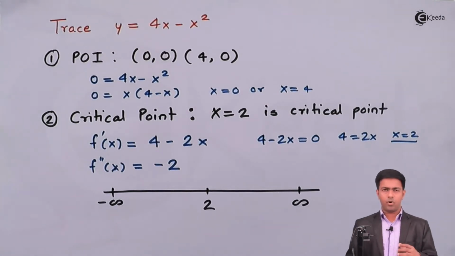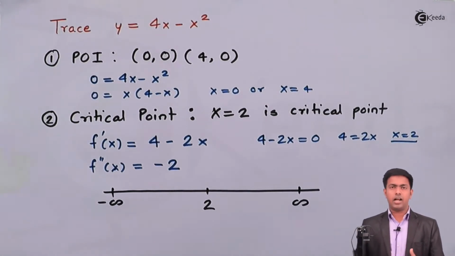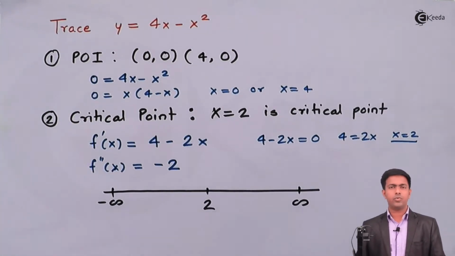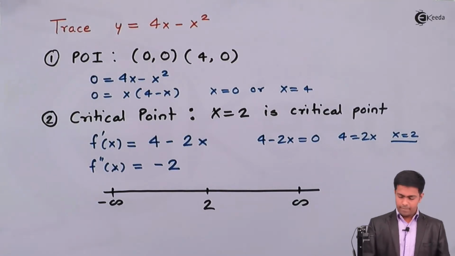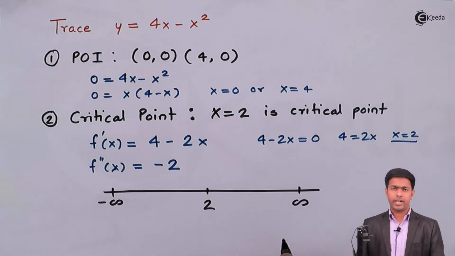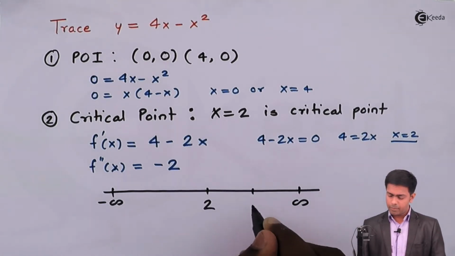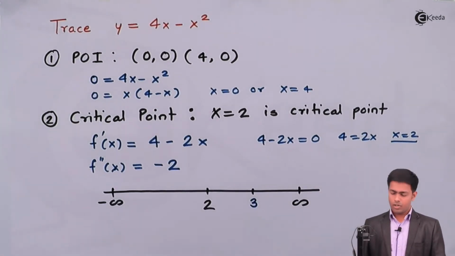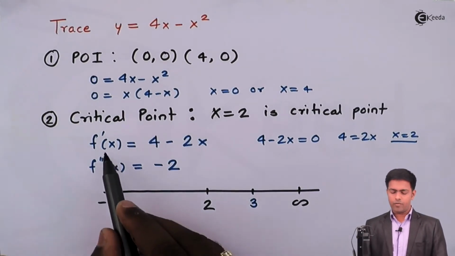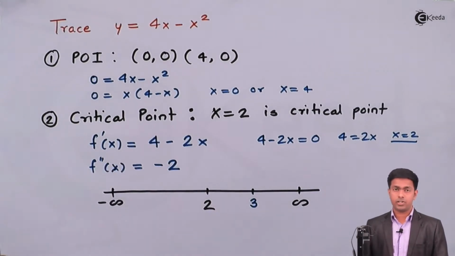So it means I'm going to understand the nature of the curve between 2 to infinity and then between minus infinity to 2. So for that, between 2 to infinity we have to consider some point, let's say that point is 3. So at 3, let's see what is the value of f dash of x and f double dash of x.